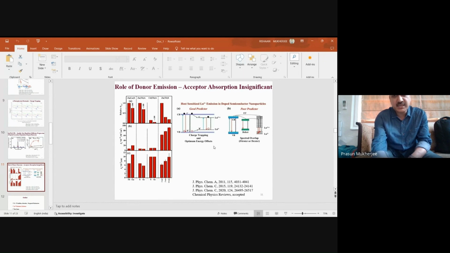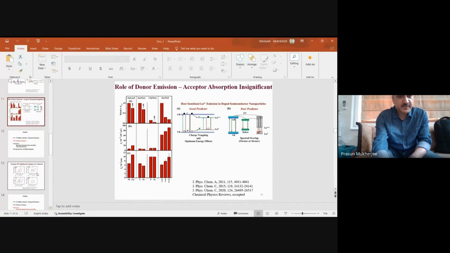So we propose that charge trapping and an optimum energy offset for hole trapping and electron trapping are needed to realize optimum host-sensitized dopant emission in these nanoparticles, where the spectral overlap is not at all significant.